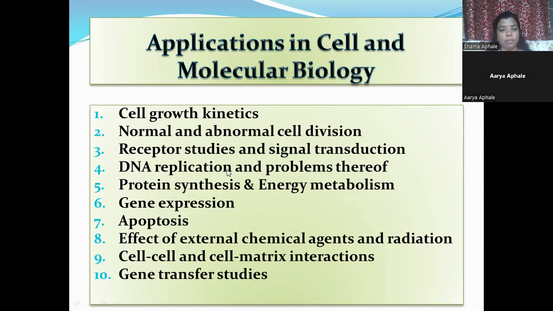Fourth is DNA replication and problems thereof. You all know that there are a number of diseases which can be caused by abnormal DNA replication. Such DNA replication abnormalities can turn into various diseases that cannot be cured unless they are happening at the localized level.